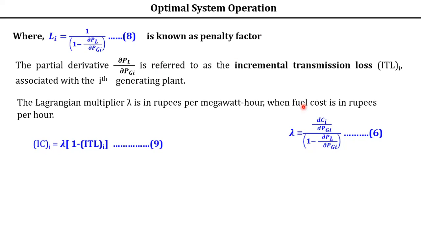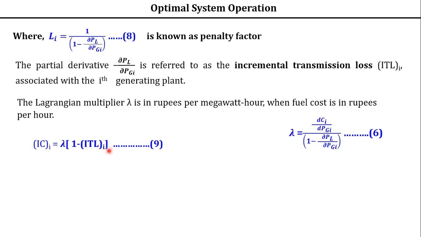From this equation, I am replacing dou PL to dou PGi with ITLi, cross multiply: lambda into 1 minus ITLi is equal to dCi by dPGi. This dCi by dPGi is nothing but incremental fuel cost, indicated by ICi at the ith plant, equal to lambda of 1 minus ITLi.